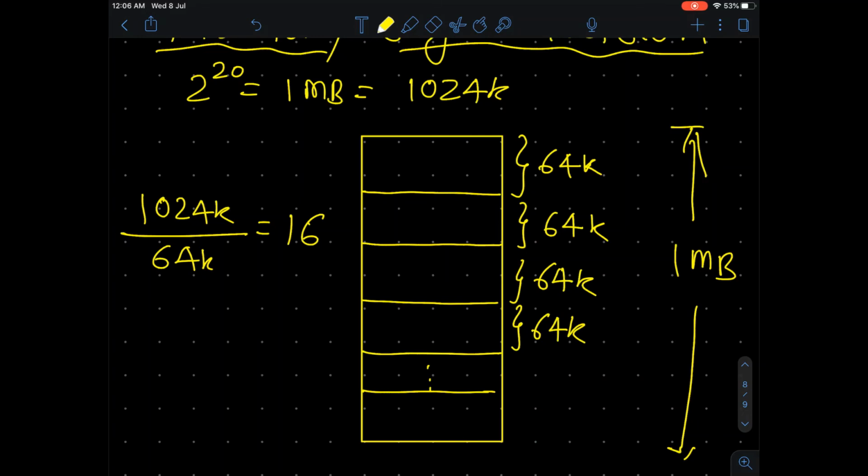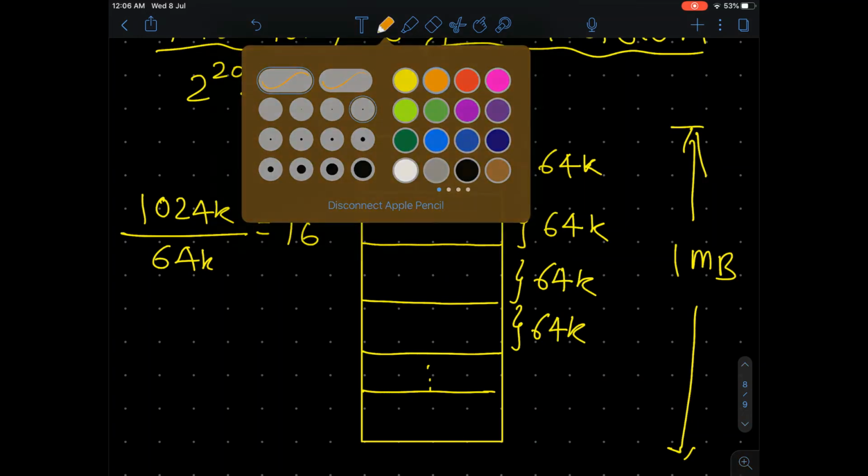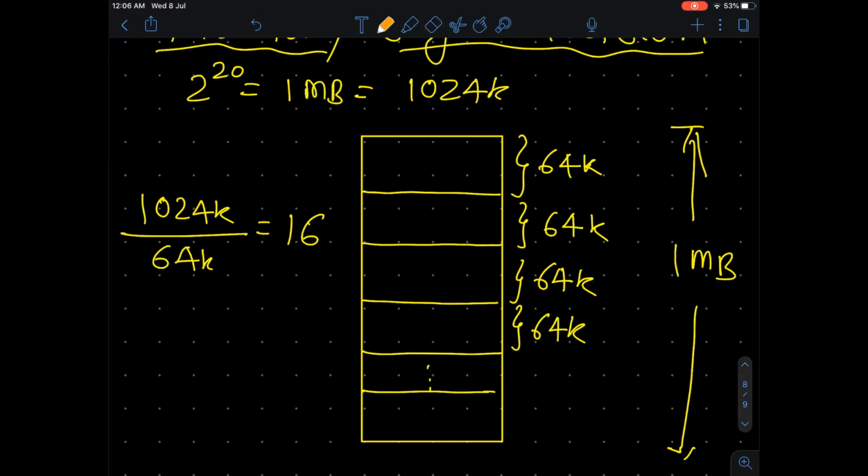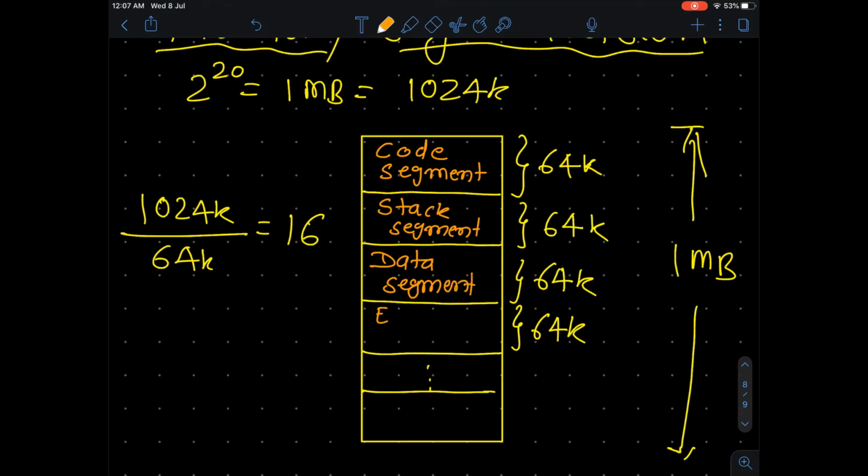Depending upon their use, these segments are identified by different names, such as code segment, stack segment, data segment, and extra segment.